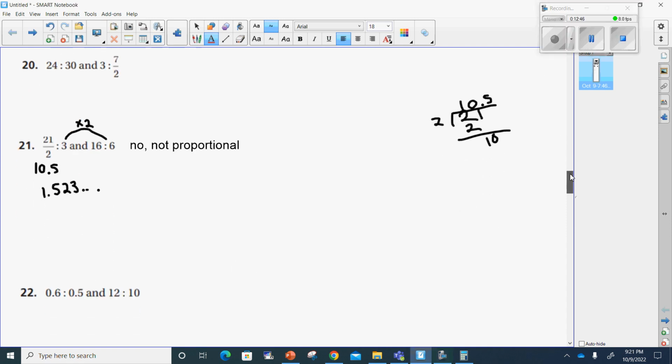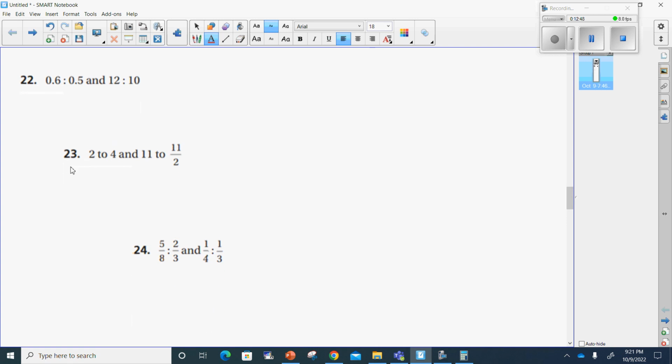All right, let's move down to number 23. So over here, we've got here to here, here to here. We could do it that way. We could even do it the way the book kind of suggests us to do it. I'm going to try it that way just so if you like it better that way, you can see this is 2 to 11.